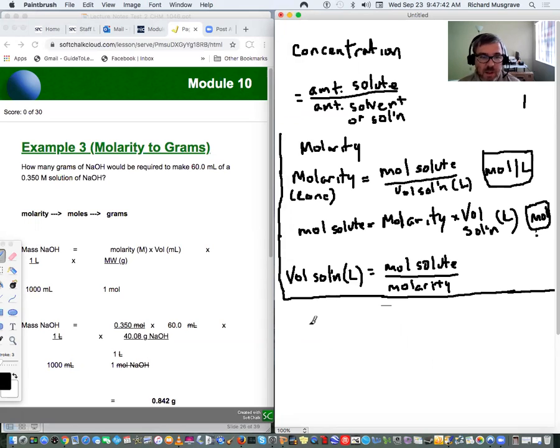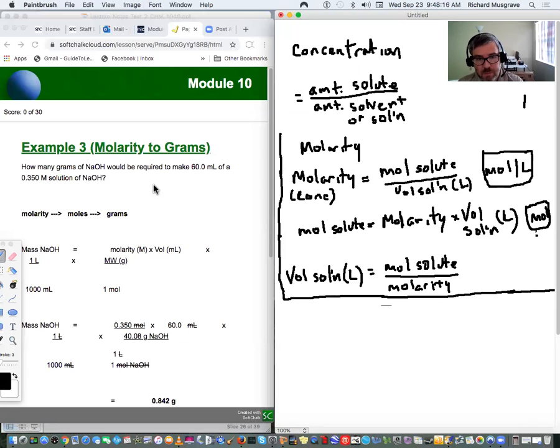We have to make up things of certain concentrations and we need a certain amount of those things. If you know you're looking for grams, then your grand central station should be moles. So you know that you'll be starting with grams, but you know that the first thing you'll want to do is get to moles. And once we get to moles, then we need grams. So, we know that to get to grams, we'll need moles. So let's have a look at how we might do that then.